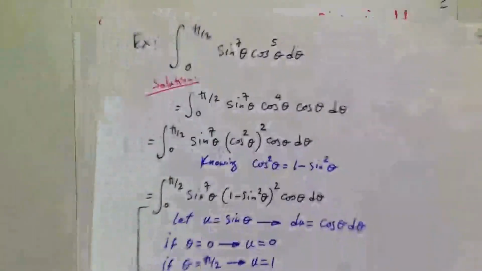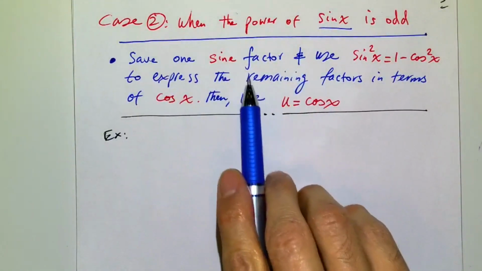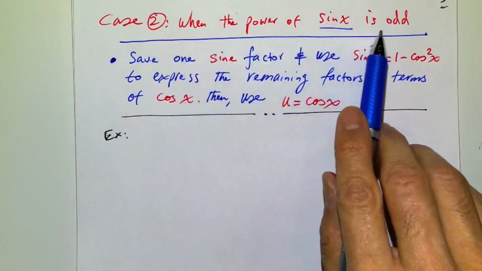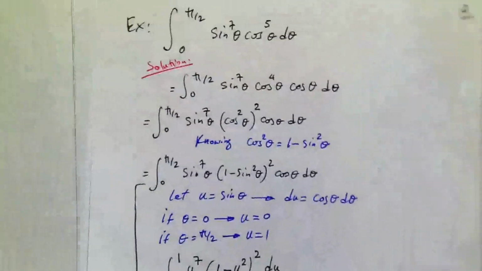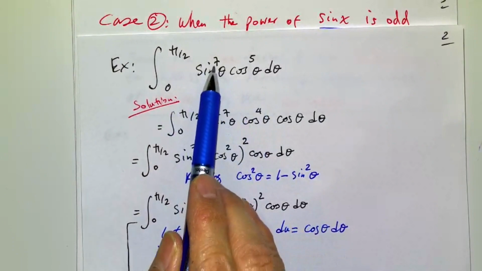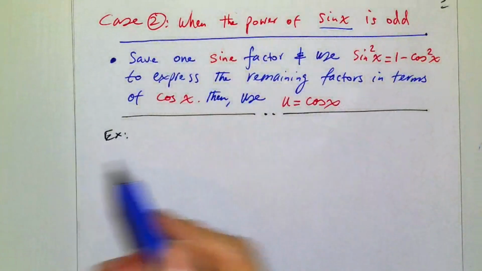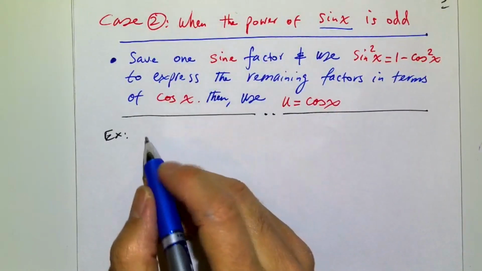Let me bring this back, because we're now discussing when the power of sine of x is odd, right? So that technique could be applied here as well, because sine here has an odd power as well. So we'd get the same thing.